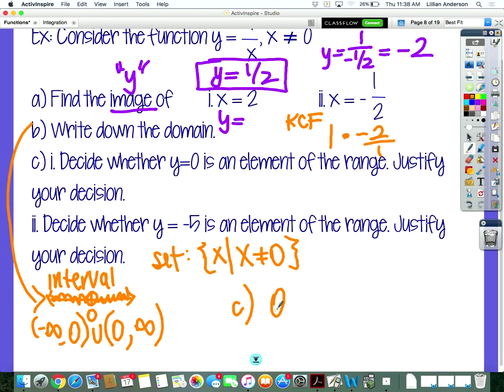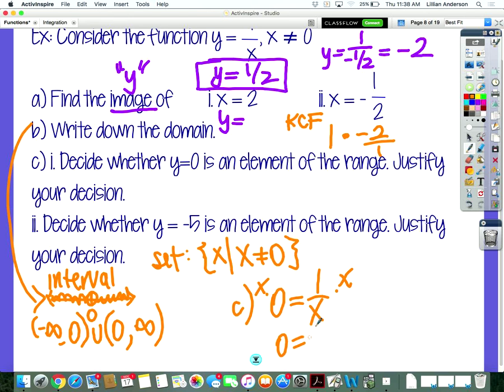So plug it in. I have y equals 1 over x, so 0 equals 1 over x. Solve for x. What do you get? You get 0 equals 1 because you'll end up multiplying to get x out of the denominator. What's x times 0?